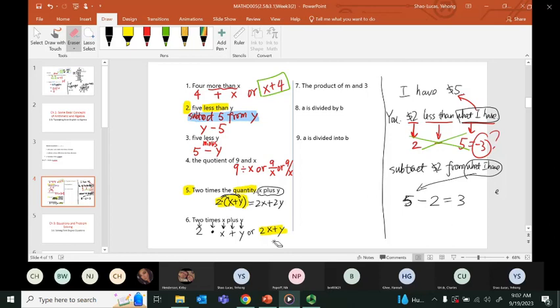Next one, number 7, product of m and 3. I think that one should be an easy one, right? Can you maybe type the answer in the chatting box for number 7?